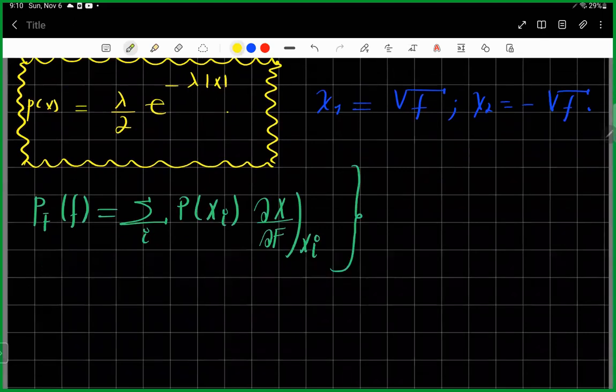So we have that x is the square root of f, from where the derivative of x with respect to f is nothing but 1 over 2 square root of f. Okay, very good. Now, what we have to do here, sorry, I mixed up the notation here.